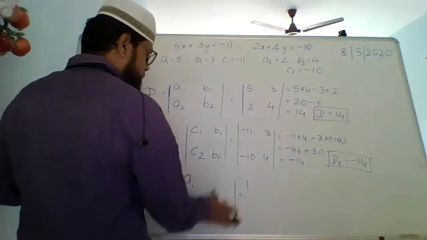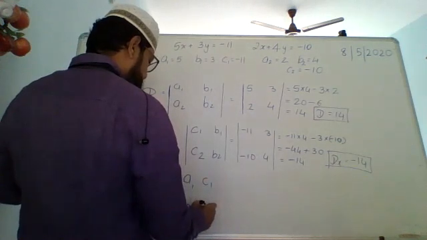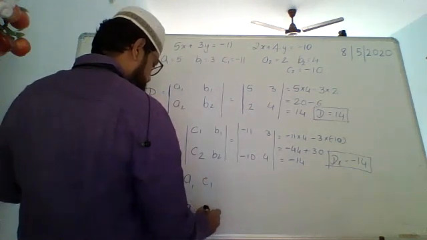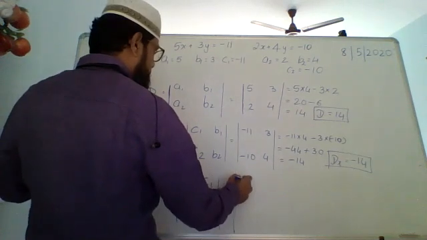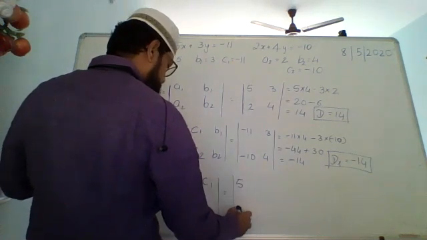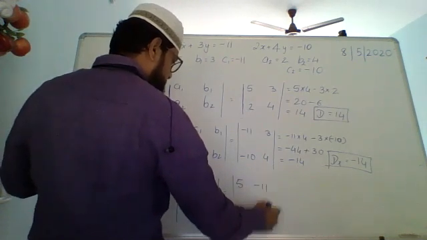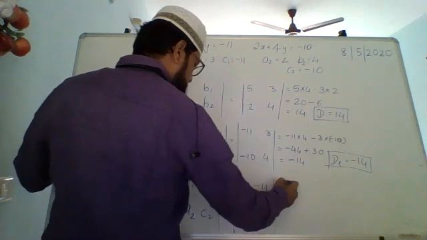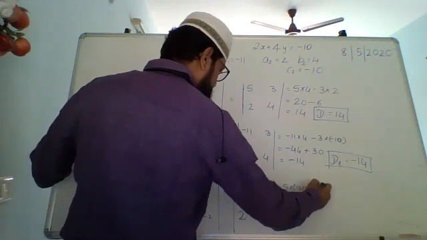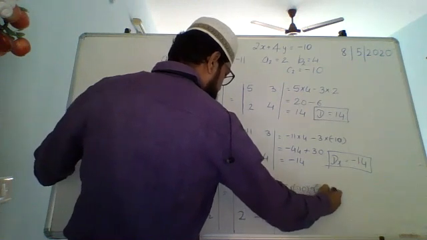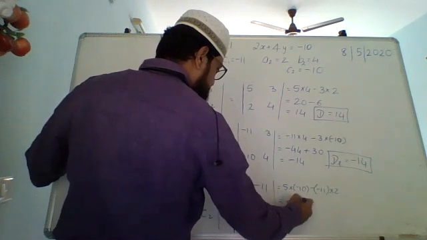Similarly, we'll find out dy. So a1 is 5, a2 is 2, c1 is minus 11, c2 is minus 10. 5 into minus 10 minus minus 11 into 2. 5 into minus 10 is minus 50.